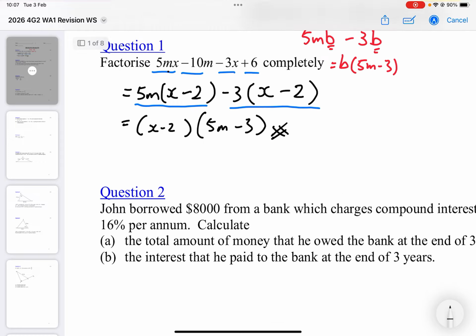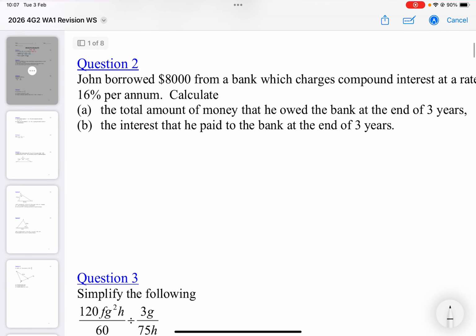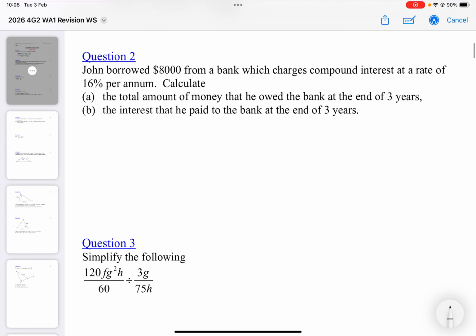Okay, question 2. Whenever I see a question that asks me about compound interest, I will go to the front of the paper and look for the compound interest formula.